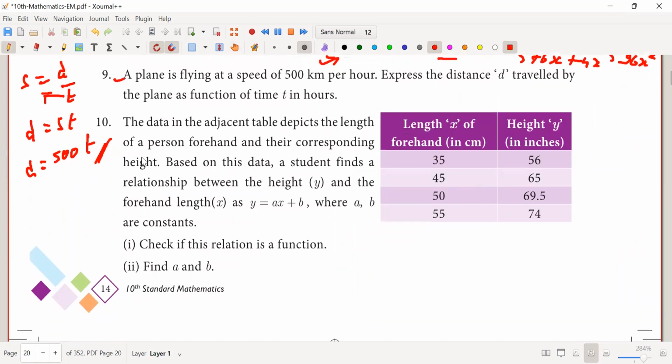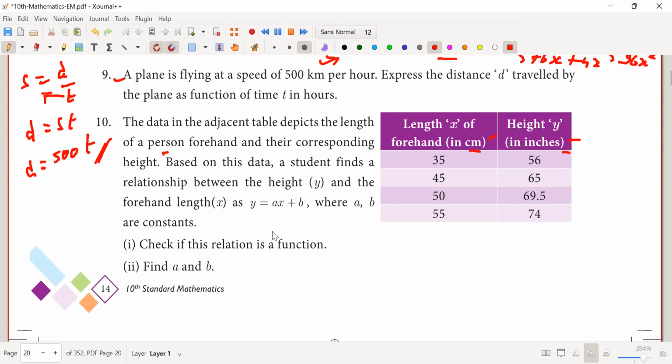10th one. The data is in the adjacent table. This is the length of a person's forearm and the corresponding height. This is in centimeter, this is in inches. Check the unit also.